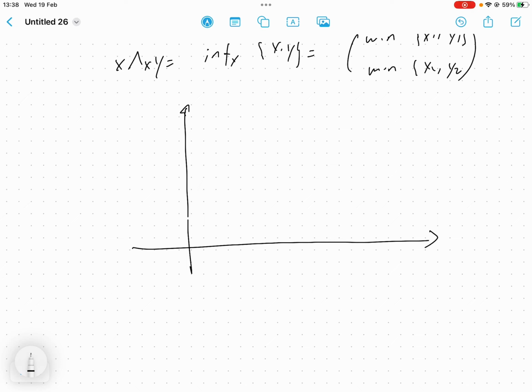All right, so geometrically, let's say this is point x and this is point y. This is the first dimension and this is the second dimension.